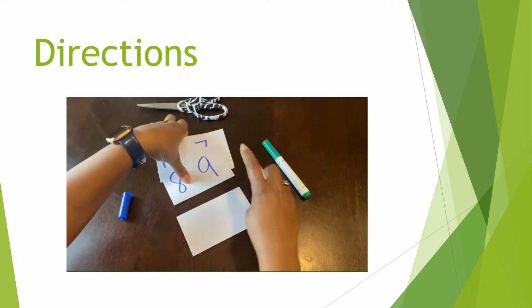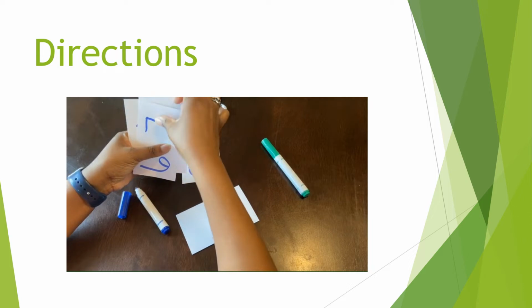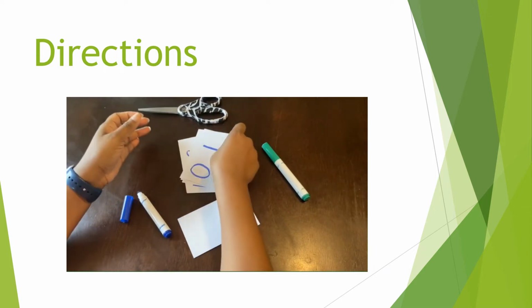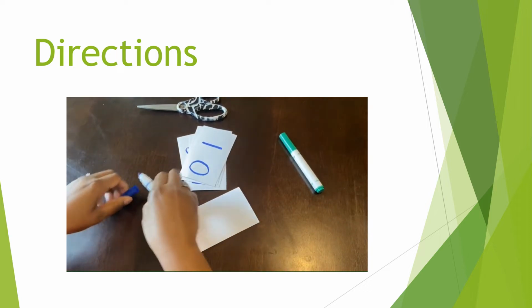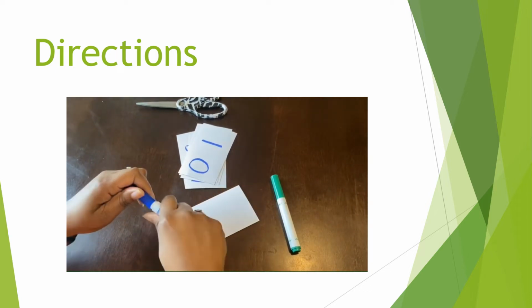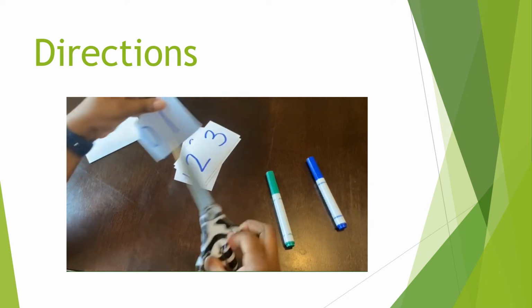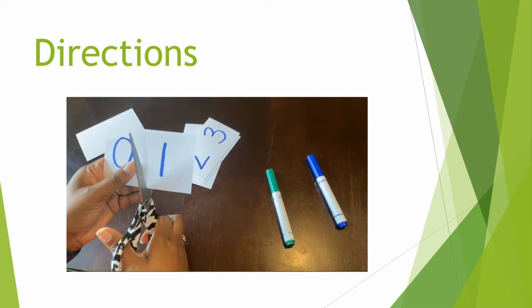So for one set, I used 5 index cards. You'll do the same thing with a second color. After you make your set of numbers, you'll take the scissors and cut them in half.